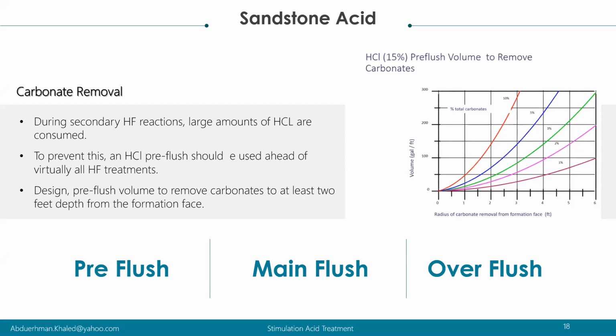HCl also keeps the pH low, and that helps prevent the secondary reaction with HF, hydrofluoric acid, so it cannot react with carbonate if it already exists in the near wellbore area. And then we usually have what we call an after flush or over flush, which helps displace the acid flush away from the wellbore area.